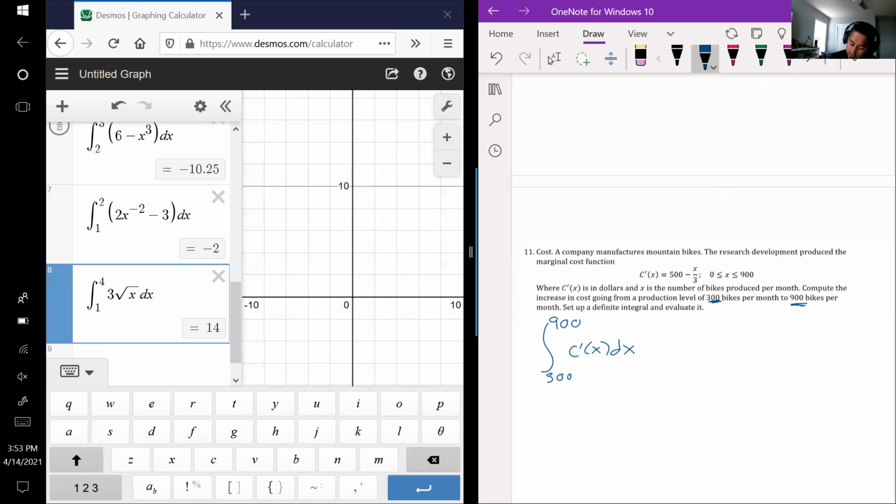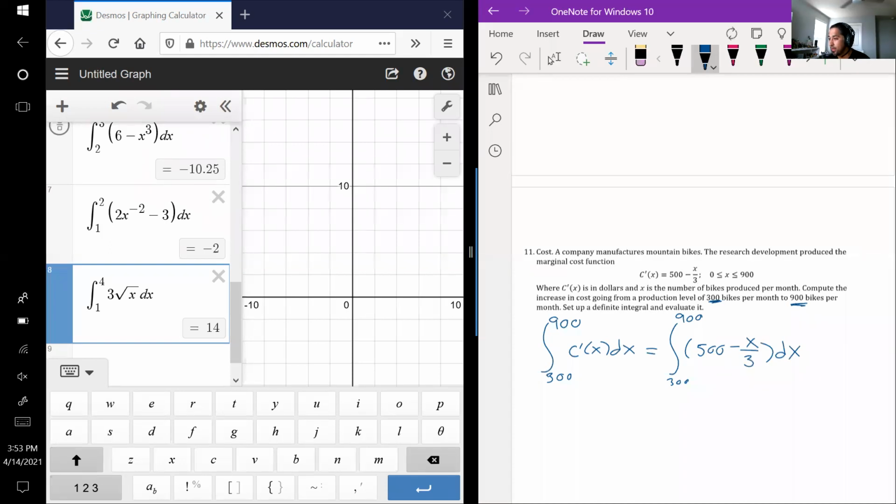Okay, and now we'll plug in what C prime of x is. So that's 300, that's 900, and we'll have 500 minus x over 3.